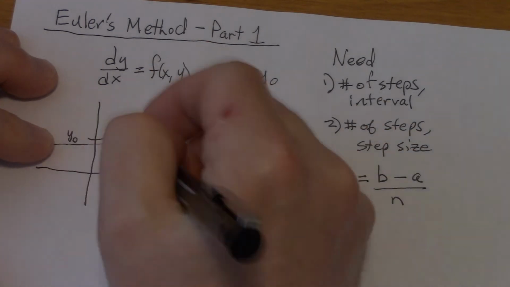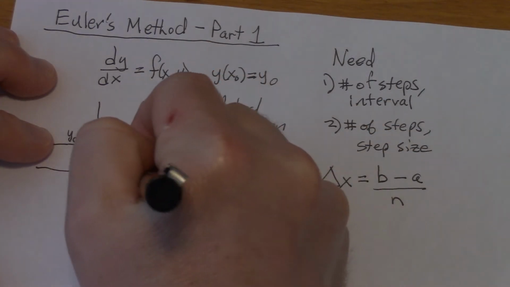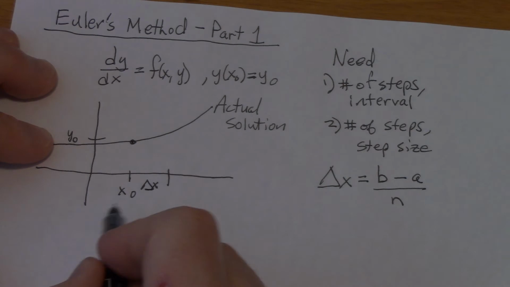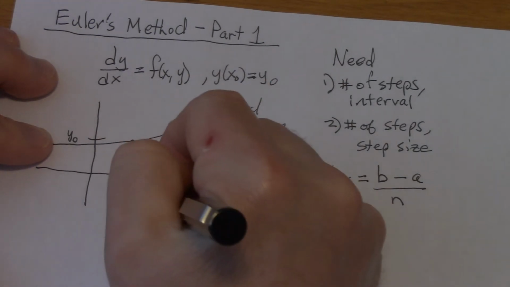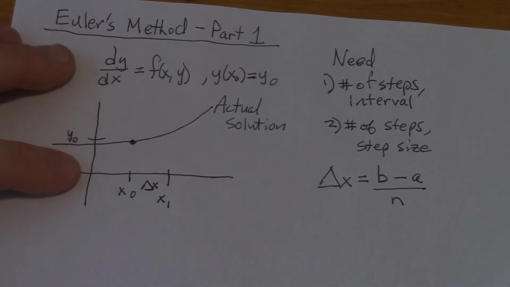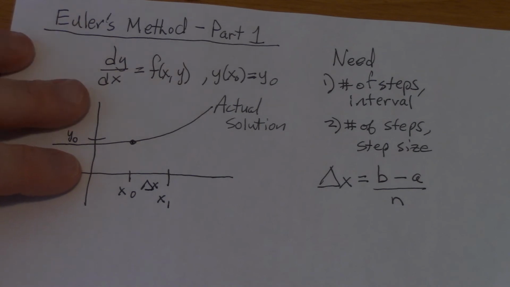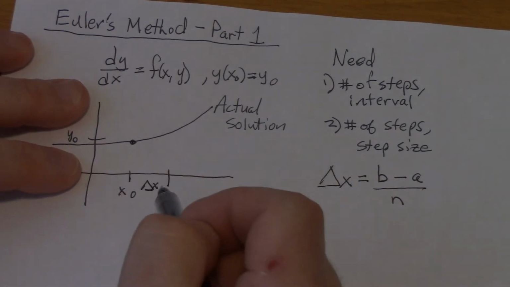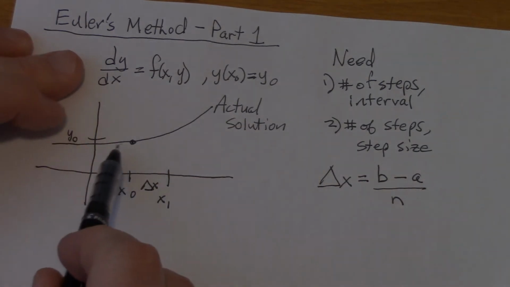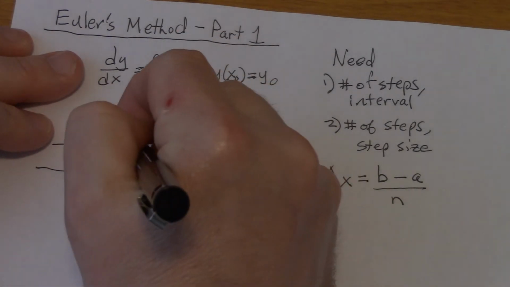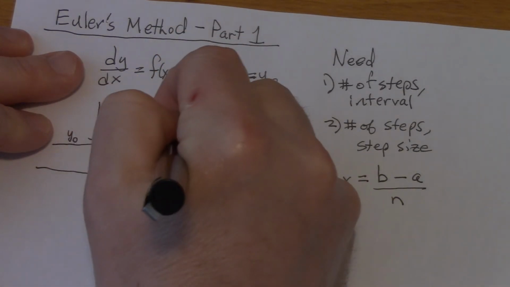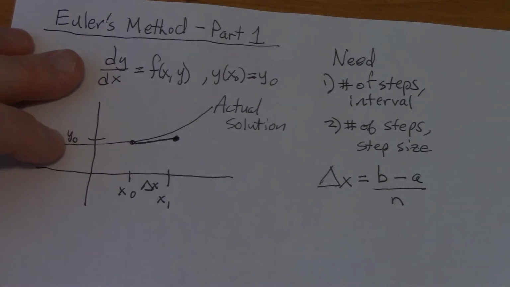And so we would basically use our step size to move to the next x value, which would be x1. And how are we approximating the solution? We're basically using a piece of tangent line. So we'd find the tangent line at x0, y0, and we would graph, or think about graphing, that much of it.